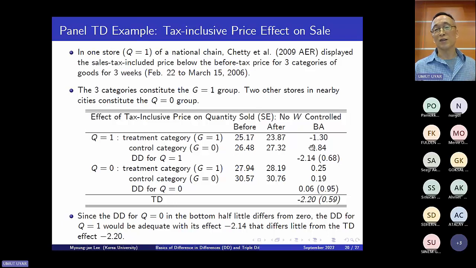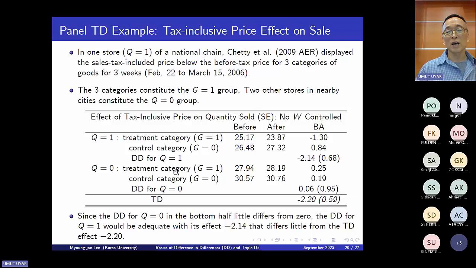Control category, almost no change. So the DD for Q1 group, this one store in the national chain, is this minus this. So there will be DD effect of displaying price with tax included.